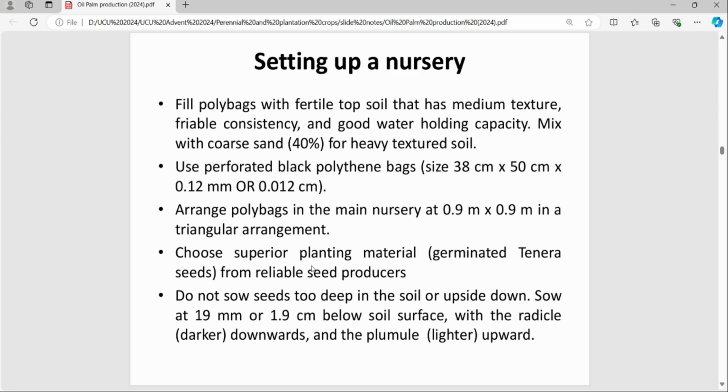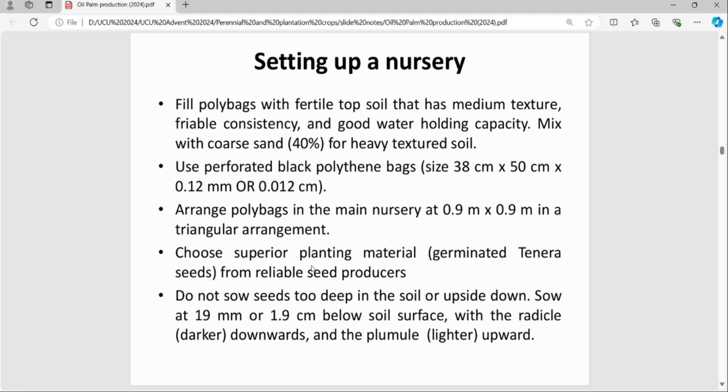So whichever area you're going to have your nursery in should ensure that the potting material is made up of fertile topsoil and soil of good quality, especially soil having very good soil physical properties. This is mixed with coarse sand to improve the texture even much more, and use perforated polybags so that water can easily drain out excess water.